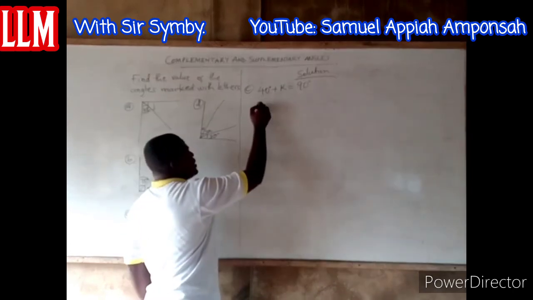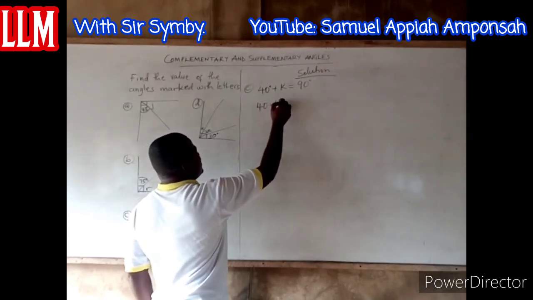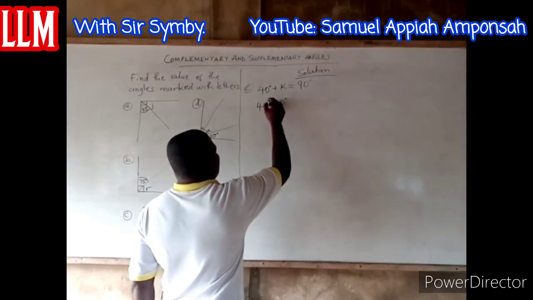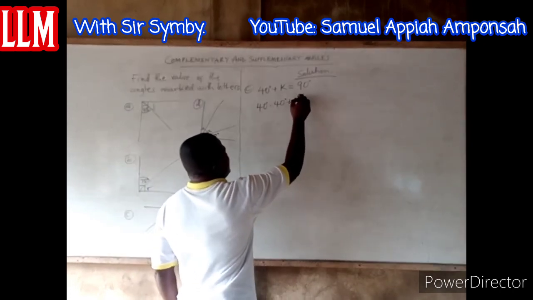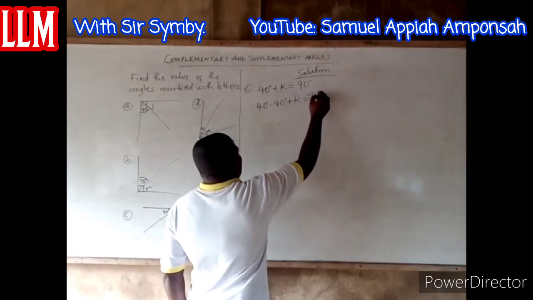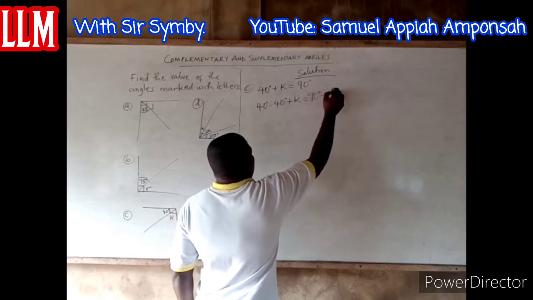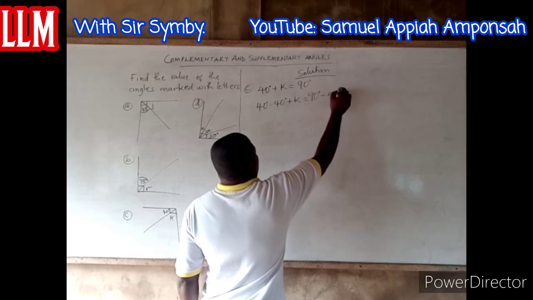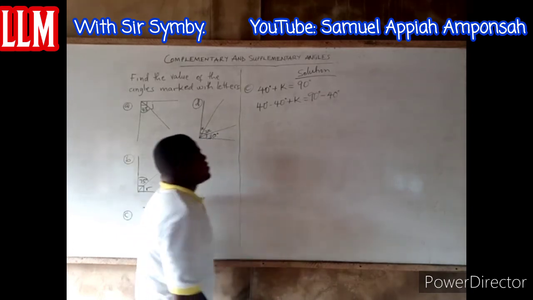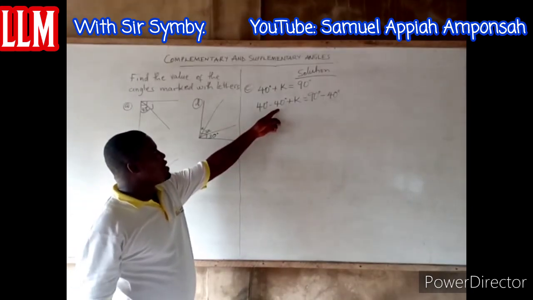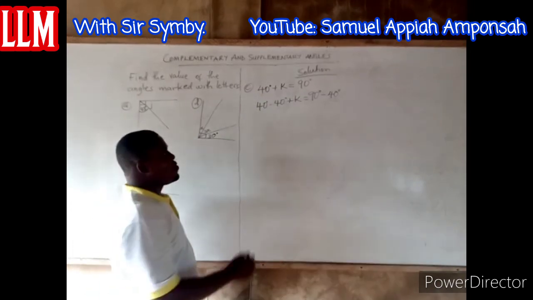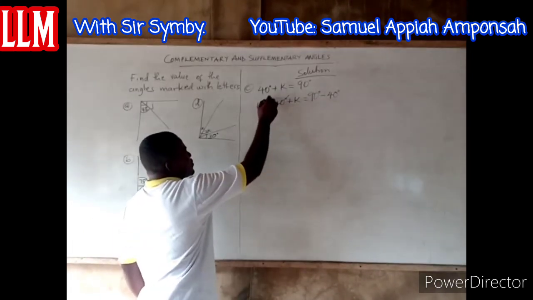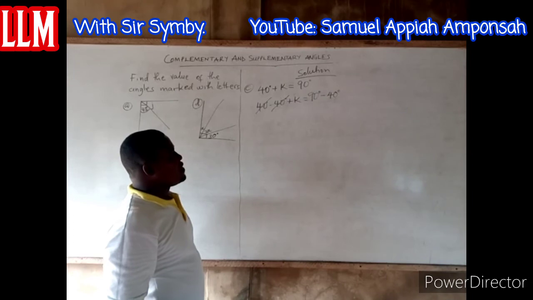The same way, let's neutralize this 40. We have neutralized the 40 at the left side of the equation. So this 40 can do away with it.